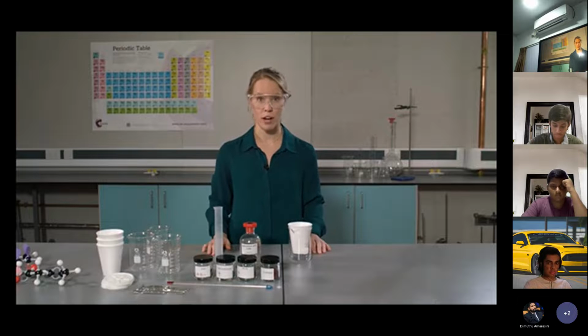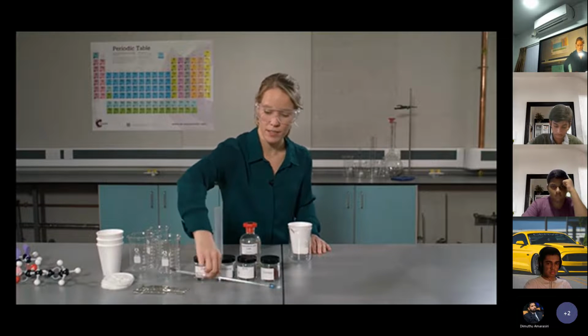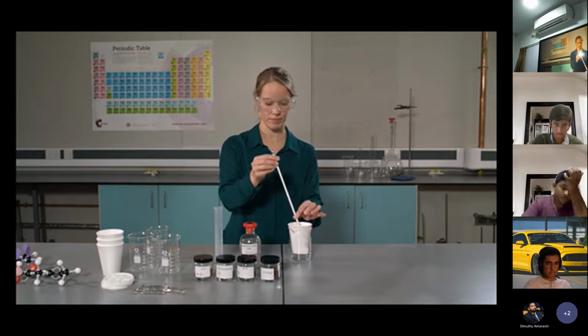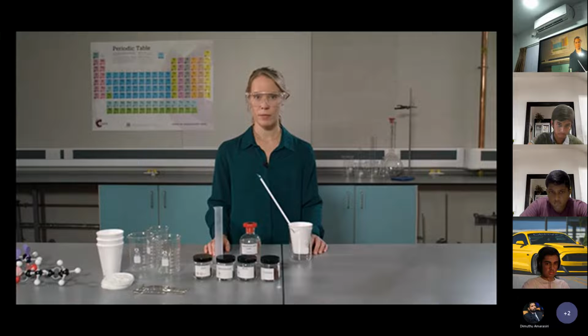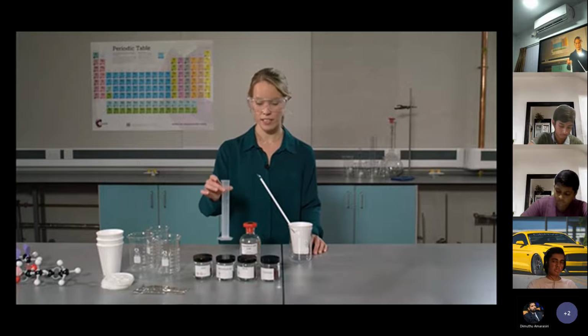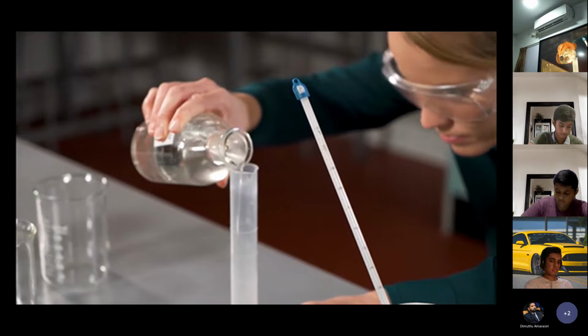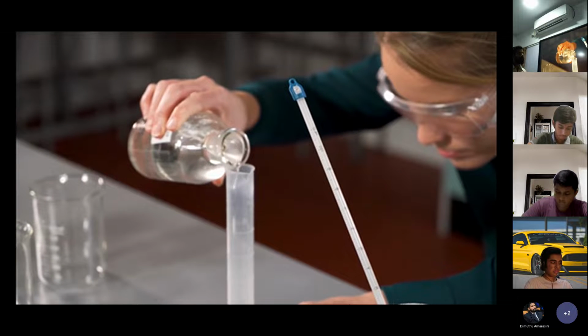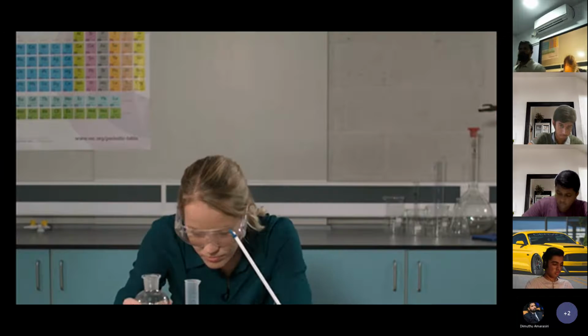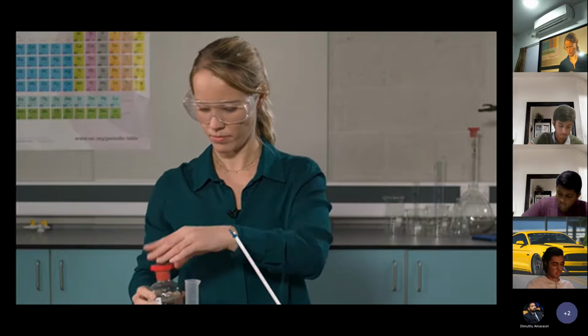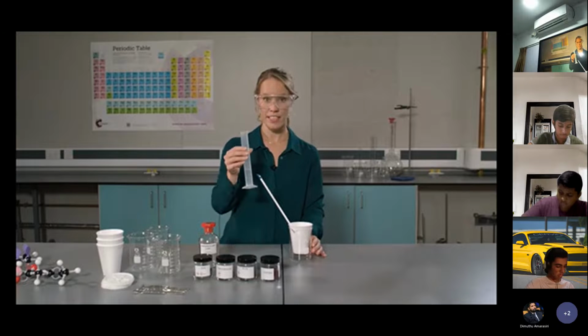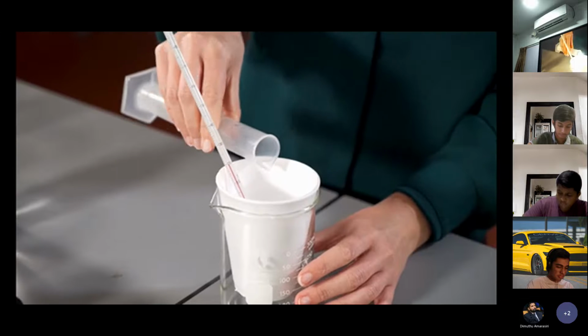During the reaction, the temperature will rise, and I will record this on the thermometer. The first metal I'm going to use is zinc powder. I'm going to start by measuring out 20 centimeters cubed of hydrochloric acid into the measuring cylinder. I will now pour it into the insulated cup.